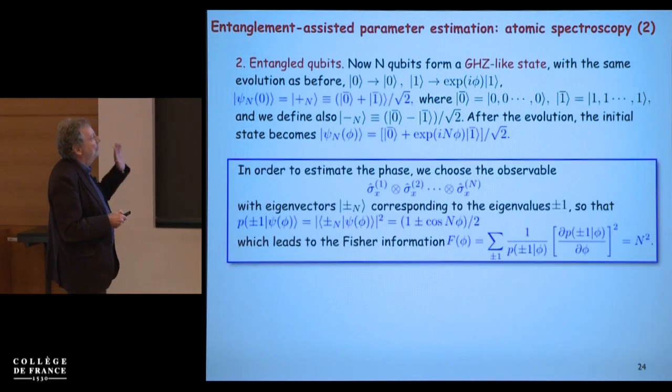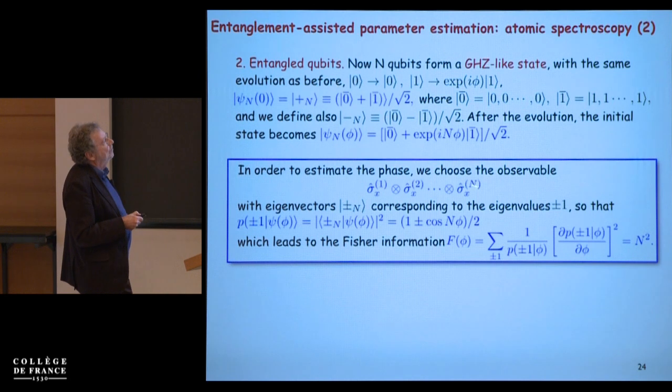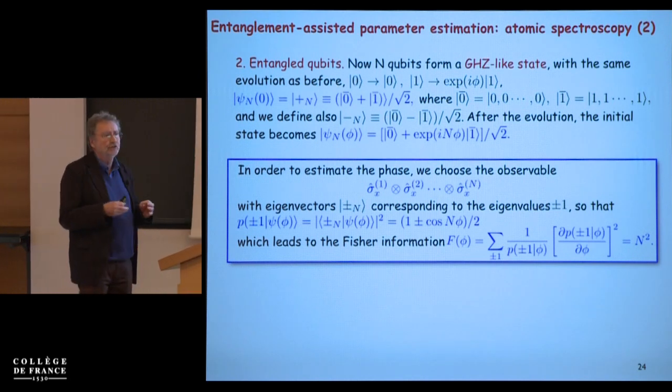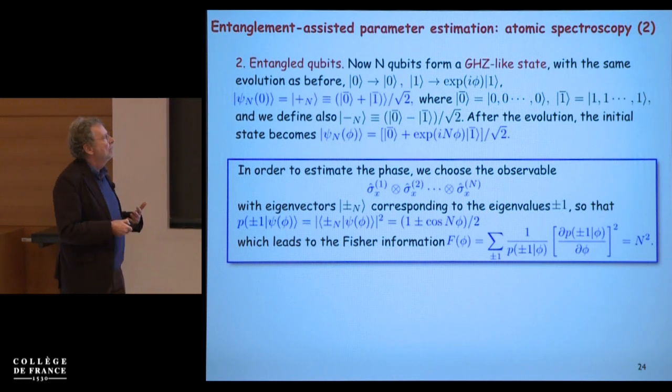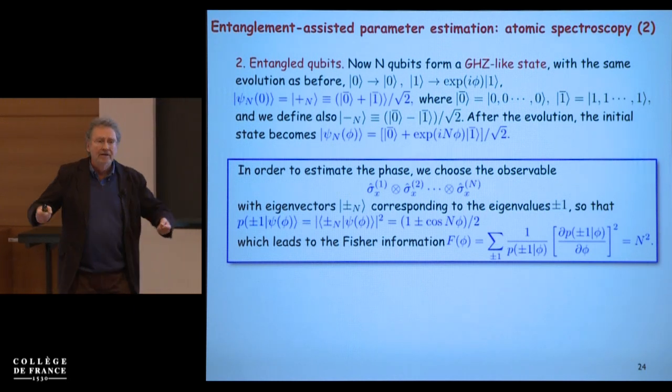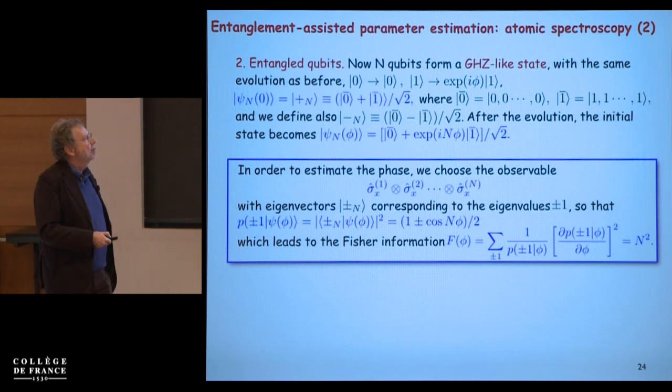But let's just apply the theory we had before. Now, in order to estimate the phase, we choose this observable here. It's just the tensor product of sigma x operators, which means that we are doing independent measurements on the outgoing atoms. Okay? It's not an entangled measurement.